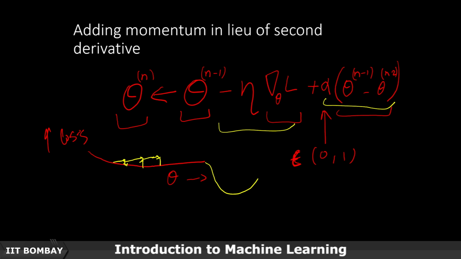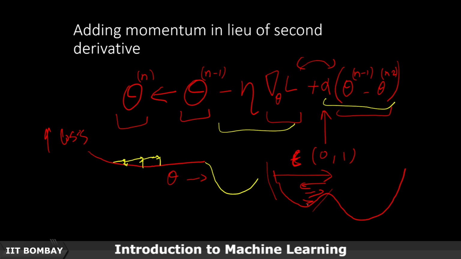On the other hand, if we are going too fast, then we have positive gradients, negative gradients and so forth, and these two terms will have opposing signs. When they have opposing signs, it has a braking effect on the momentum.